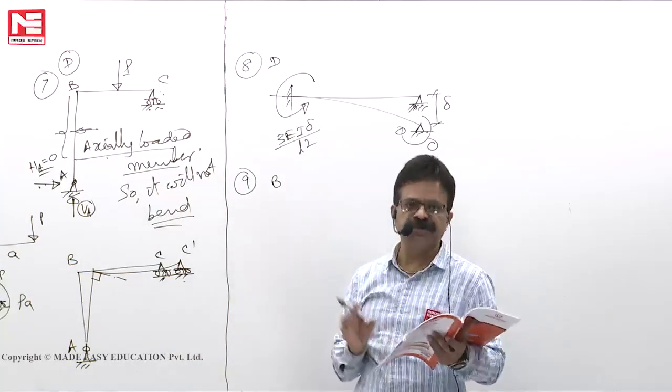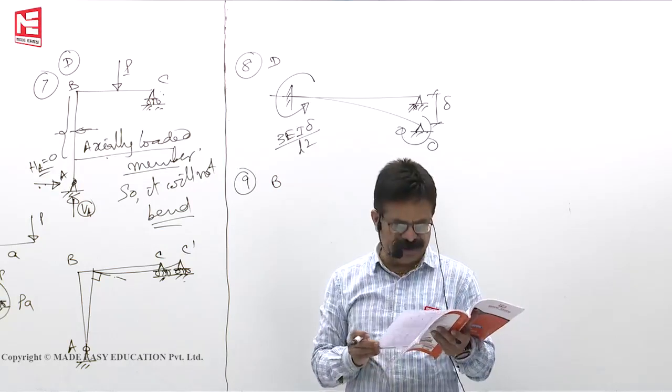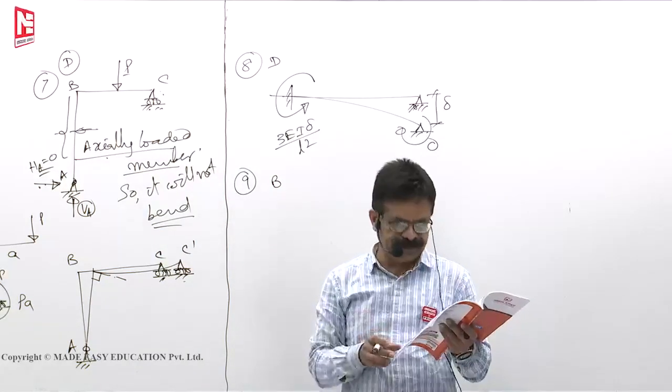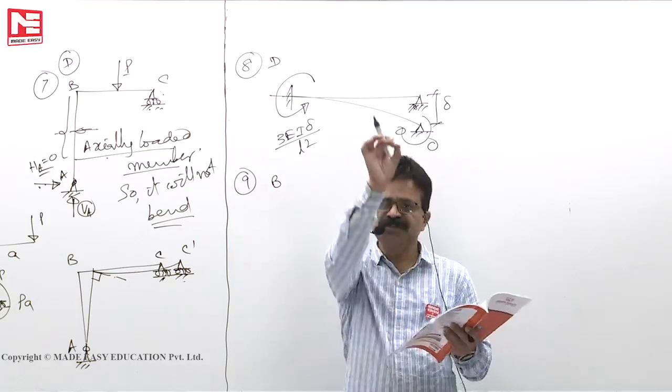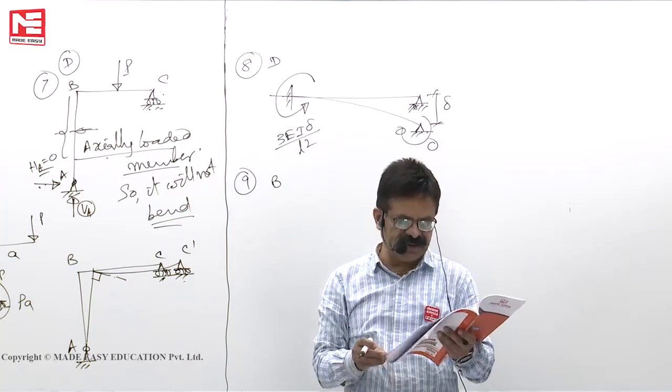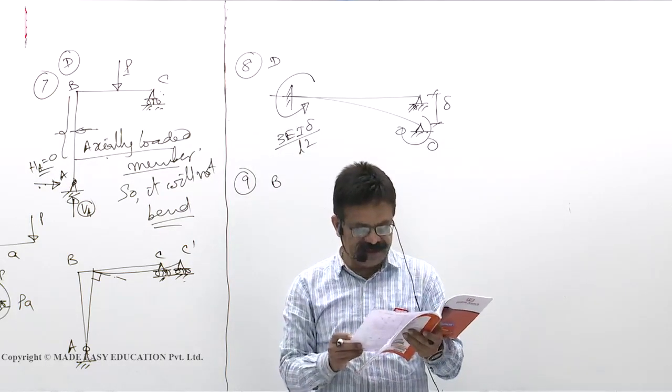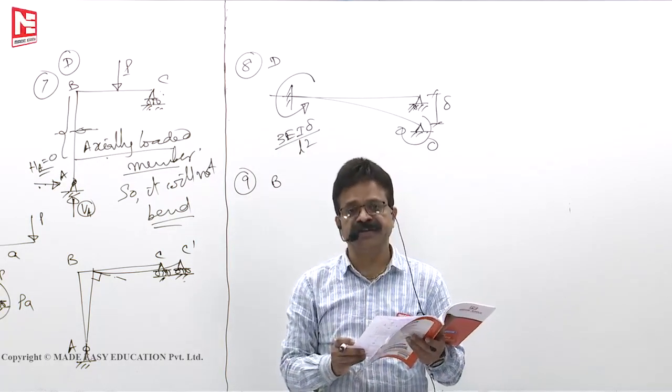That is the substitute frame method, an approximate method, valid when there is no side sway. Side sway is not there means you can assume that they are fixed ones and go for the moment distribution method. Okay, it is an approximate method.